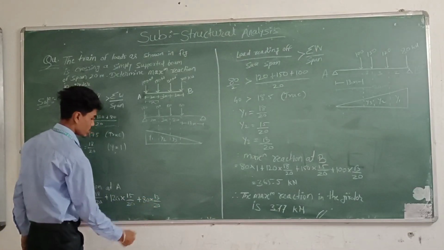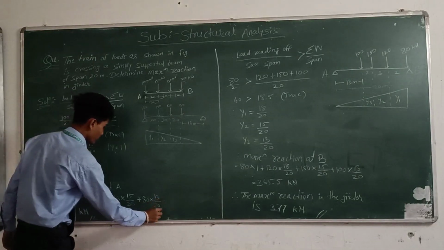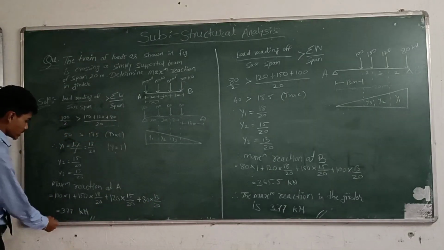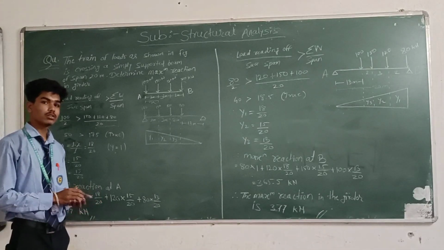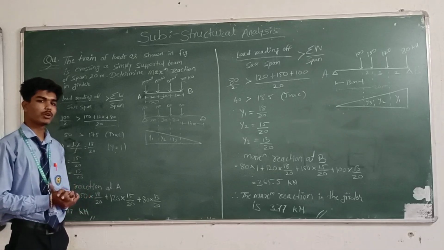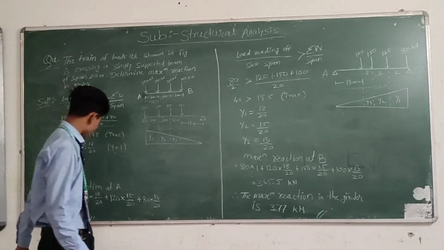We calculate all of the portions and we get 377 kilonewton. The maximum reaction at point A is 377 kilonewton.